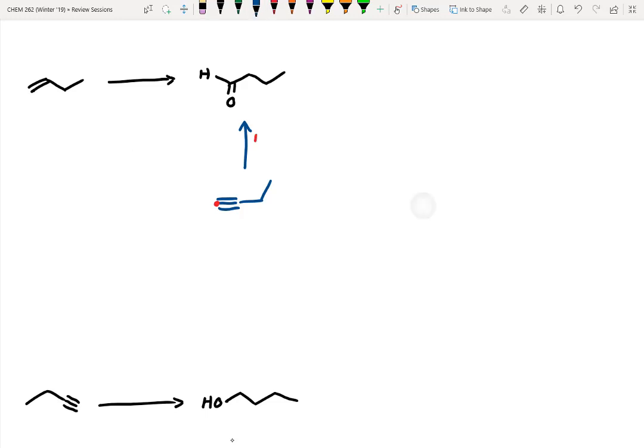If you remember, we had to use the really bulky. Yeah, disiamylborane or 9-BBN. So we'll try to be specific here. So really bulky borane, followed by sodium hydroxide and H2O2. So you could use that to convert your alkyne into an aldehyde. If you remember, it goes through an enol intermediate, and we'll actually talk about that tautomerization next week.